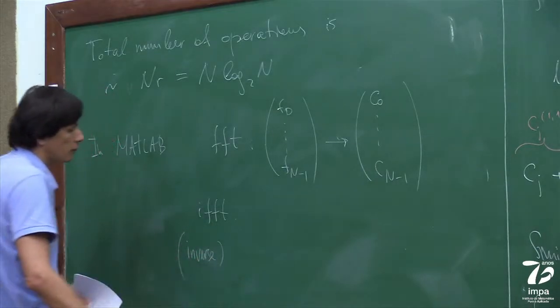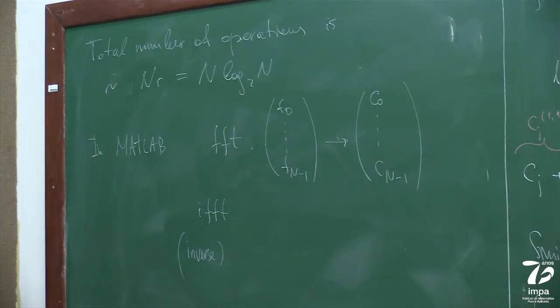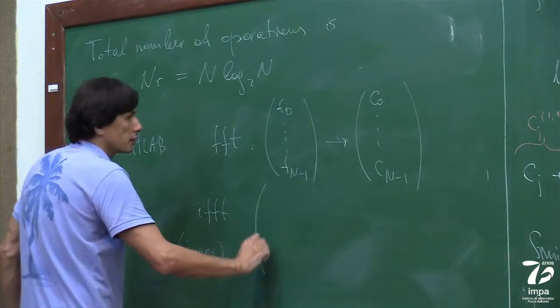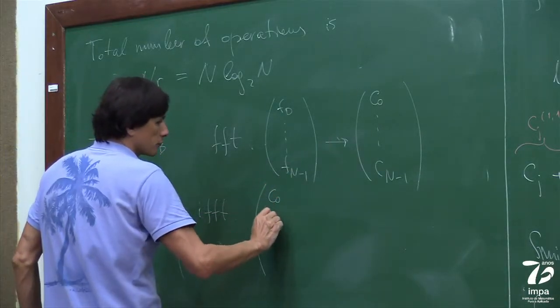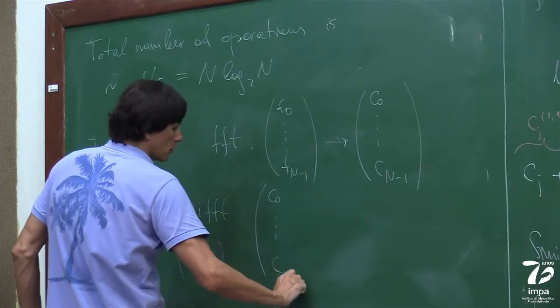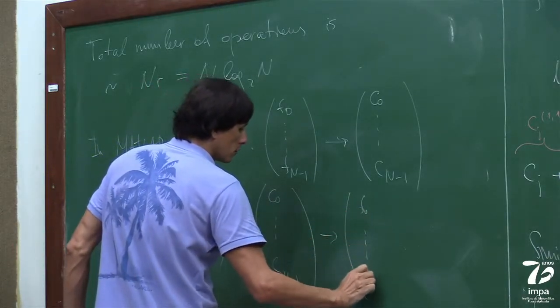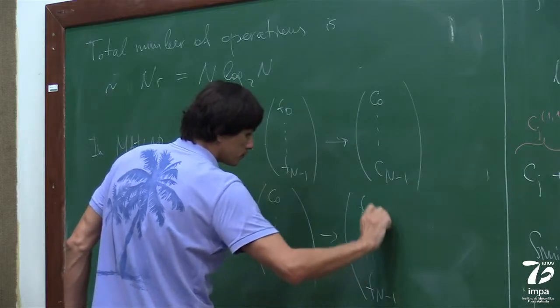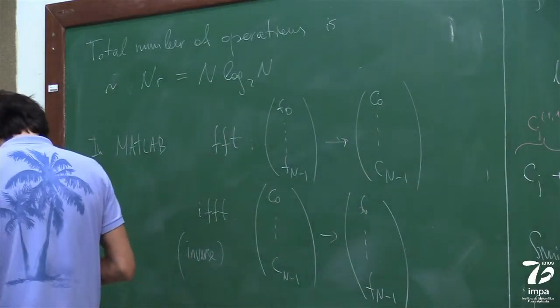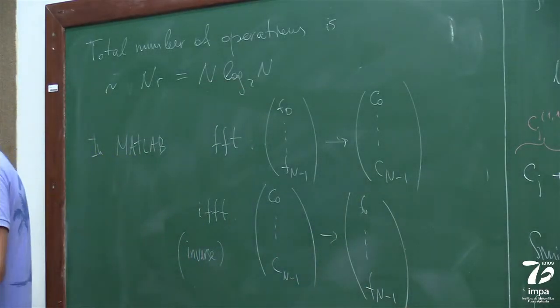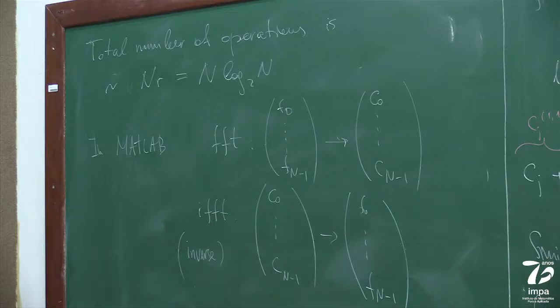The inverse Fourier transform is done in a similar manner and with the same number of operations. So IFFT is where you receive Fourier coefficients, and it gives you back values of the function. So that's essentially it.